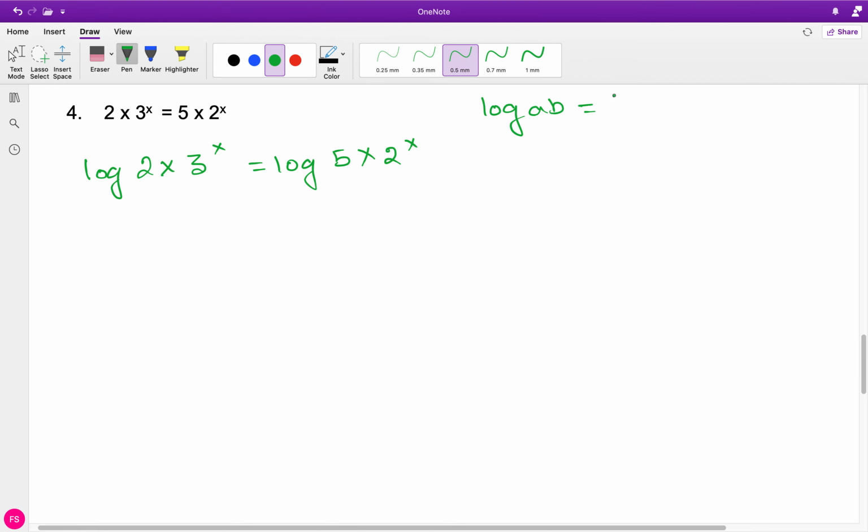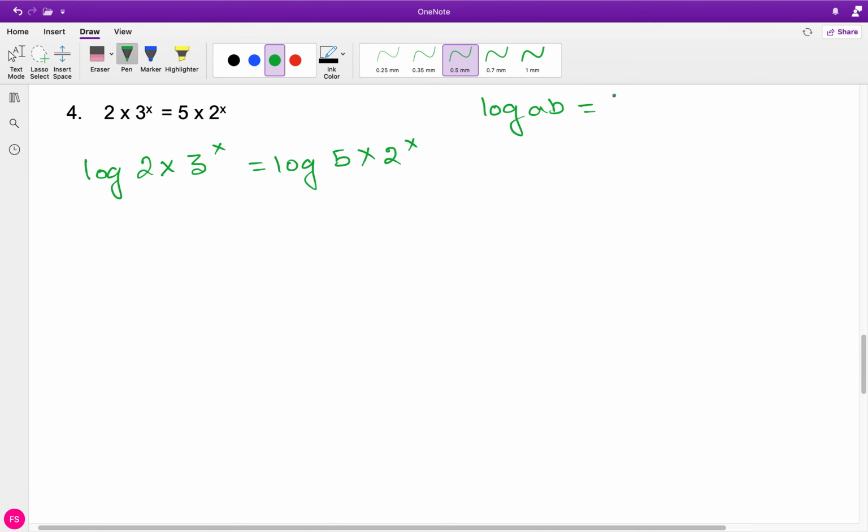Then I'm going to move all of the terms with the variables to one side and all the normal logs to the other side. This side I will have log of 3 to the power of x minus log of 2 to the power of x equals log of 5 minus log of 2.